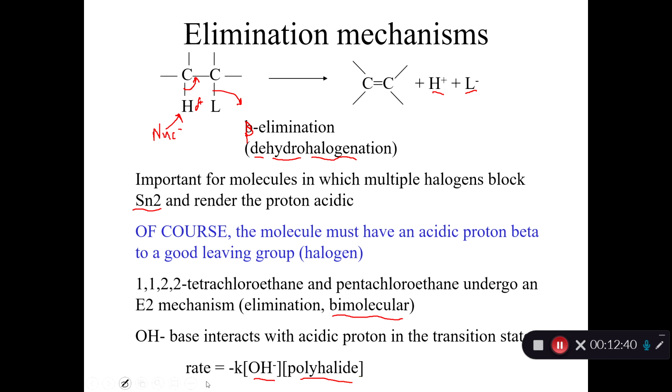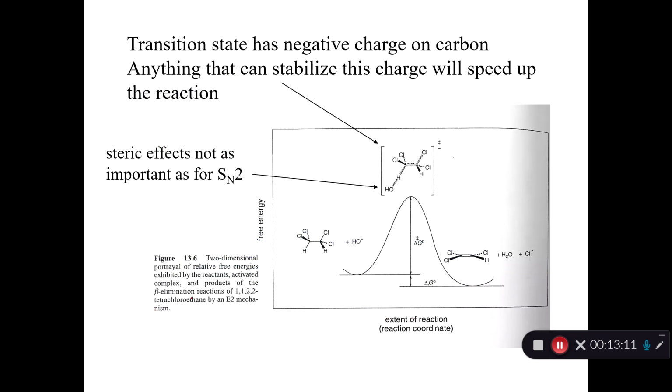So the rate law: the rate is equal to minus k. This is a second order rate constant, so it has units of per molar per second, times the concentration of the nucleophile, let's say it's hydroxide, times the concentration of the backbone. So this is an elimination mechanism, and it's bimolecular, meaning that its rate law has two species involved in it, and so that's a second order rate constant, and so we call it E2, the E2 mechanism, and this can be important in a lot of environmental systems.